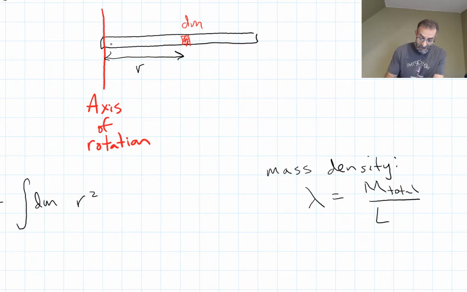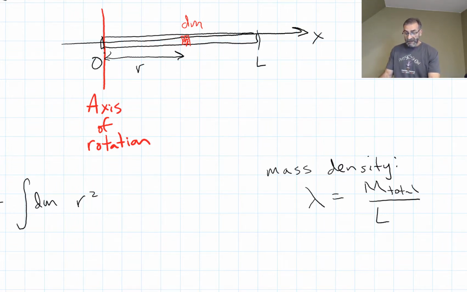So if this is L, I'm going to put an x-axis here. And we'll call this L, and we'll call this our origin, 0. We measure the whole mass, and we divide by the length. This is the density, the mass density of our rod, if it has uniform density.